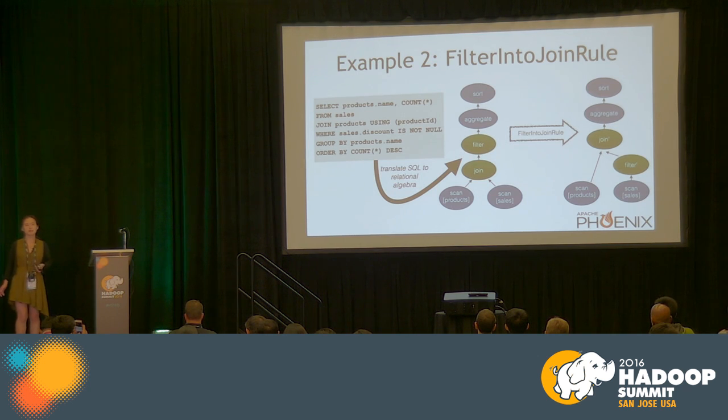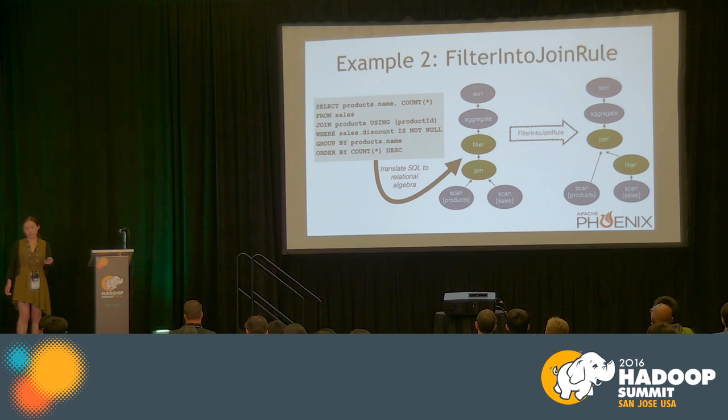Our second example today is about one of Calcite's built-in optimization rules called the filter into join rule. We take the same query as in the last slide, and the diagram on the left, which is before the rule transformation, is the same as from the last slide too.